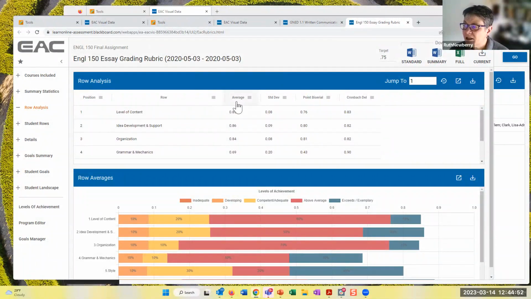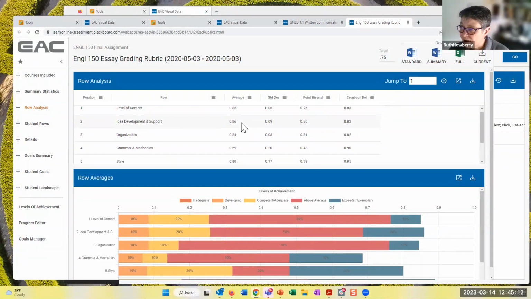And this is the average across all 10 students, given where they fell across the levels of achievement: what was the overall performance average of the group?